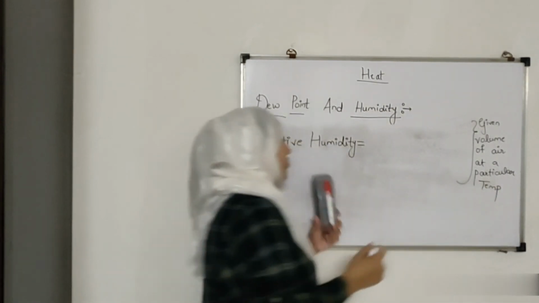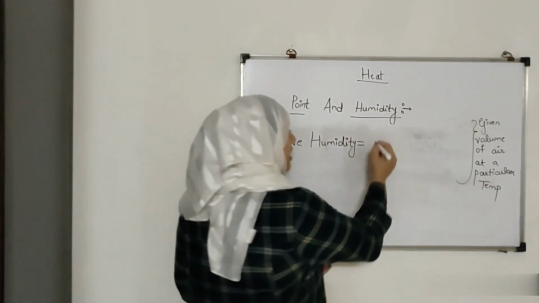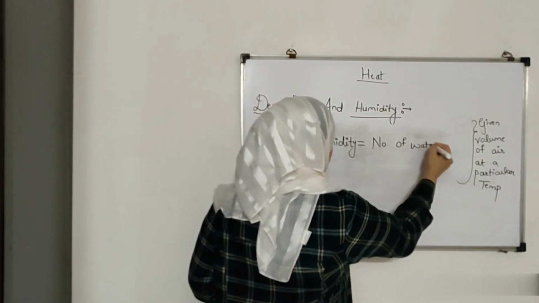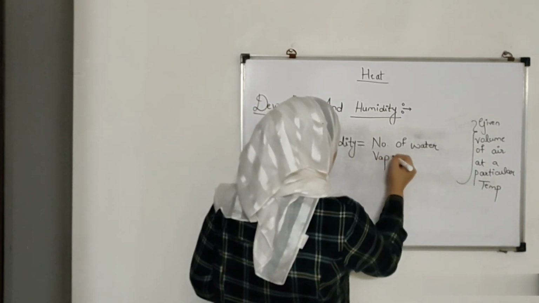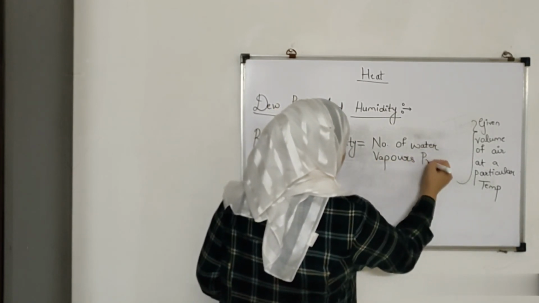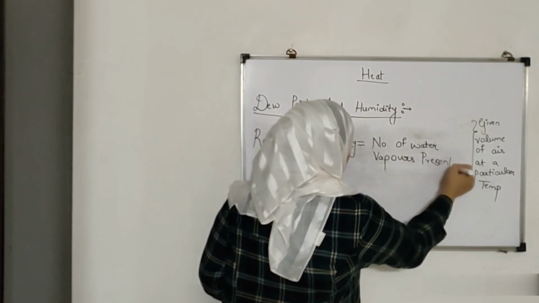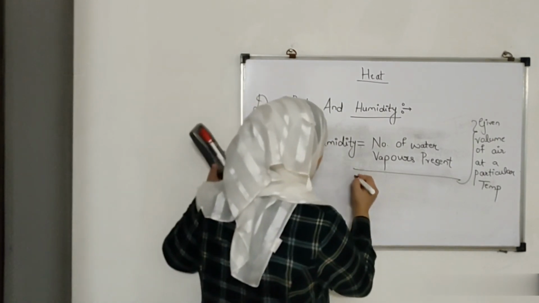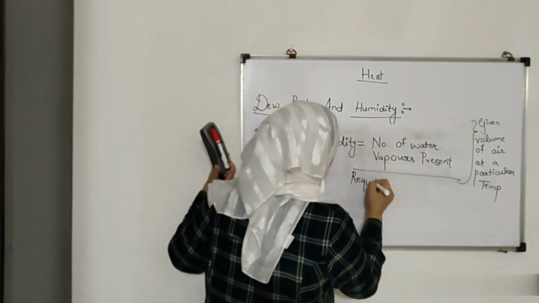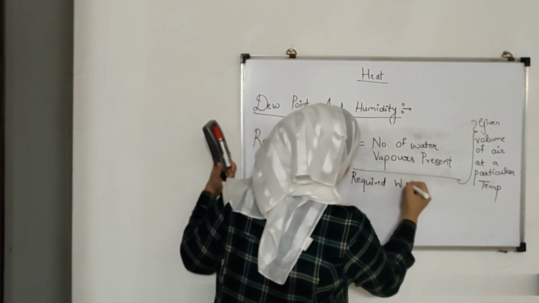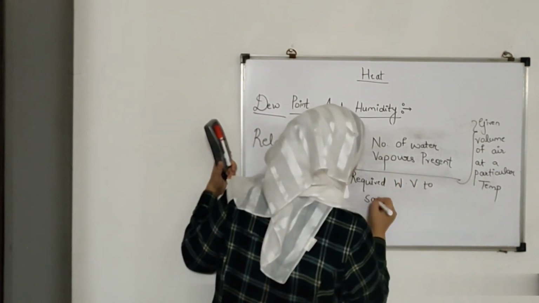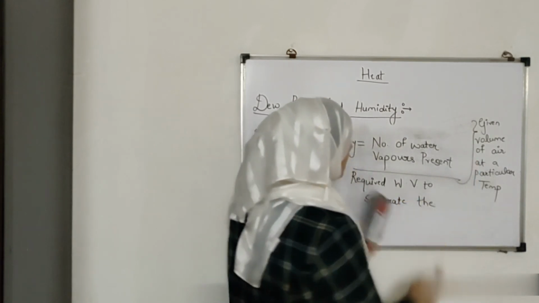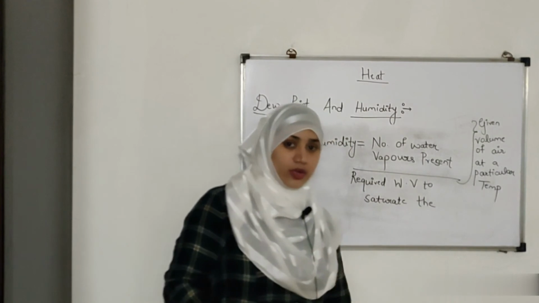So I define the relative humidity to be the number of water vapors present to what? To the water vapors required to saturate the air. I can say, given volume of air at a particular temperature.